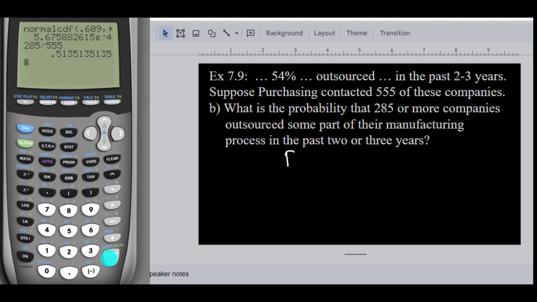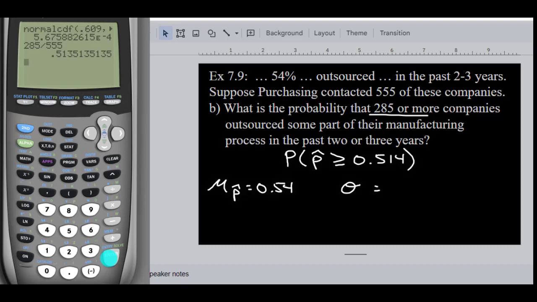So we're trying to find the probability that p hat, what is the probability that 285 or more, so is greater than or equal to 0.514. And I had to erase it, but remember that our mu sub p hat is 0.54, and our standard deviation was the 0.609.